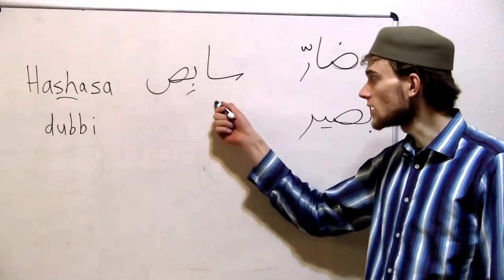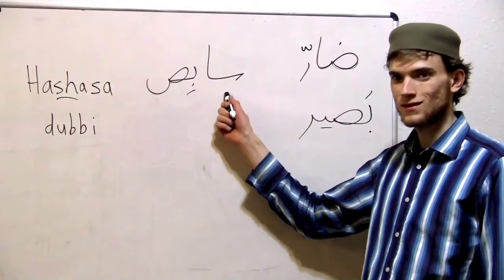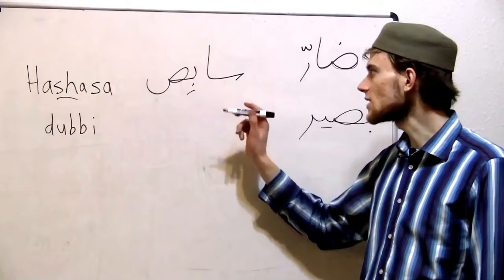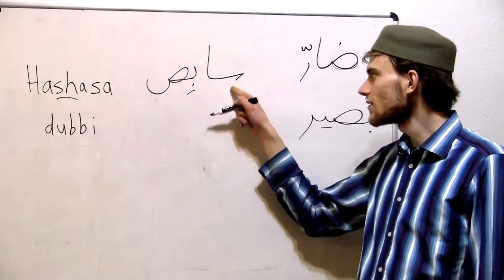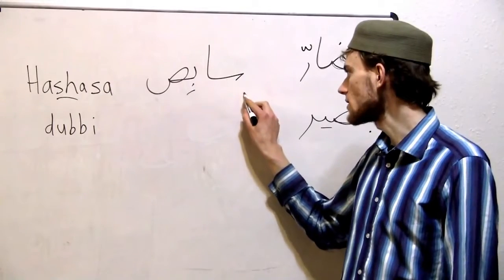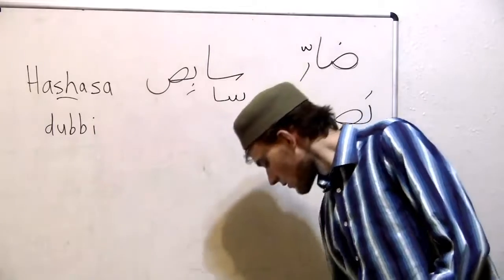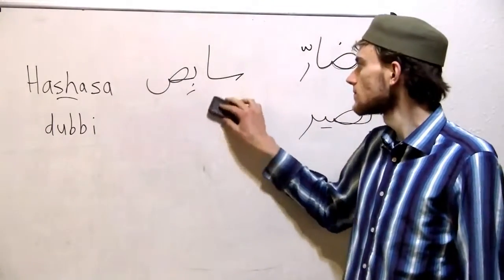Okay. Now this one, four letters here, what are they? Right. This is a sin. Notice how I'm doing it in the way that's typically handwritten, not with all the teeth there. So sin, then what?